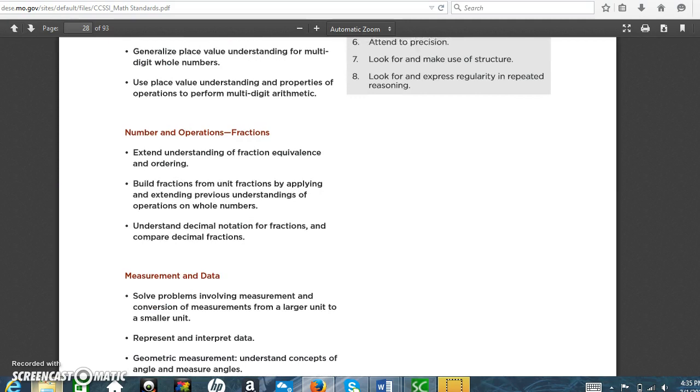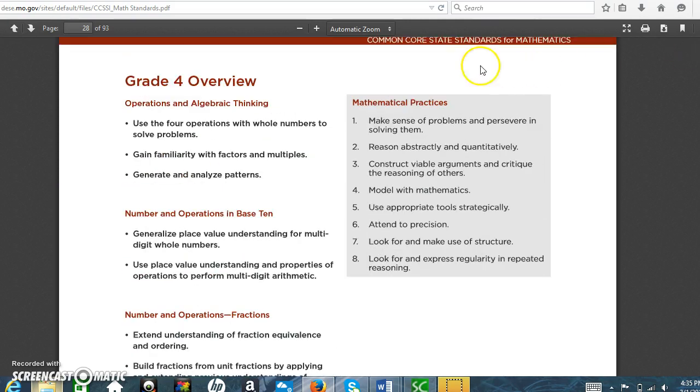Go back up just a little bit. Here's our overview. This overview is what is contained in your SoftChalk lesson that you worked through on the planning unit. We have the basic areas of operations and algebraic thinking, and then the subtitles underneath those. We have numbers and operations in base 10, and then the 2 subtitles underneath those.